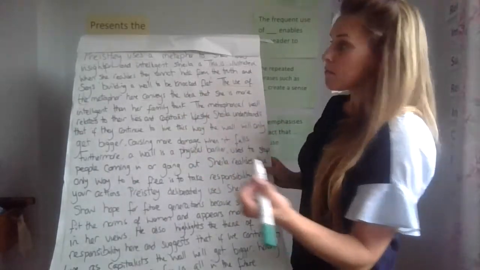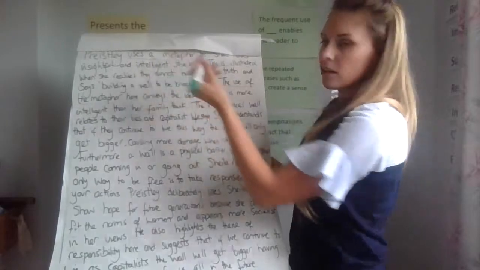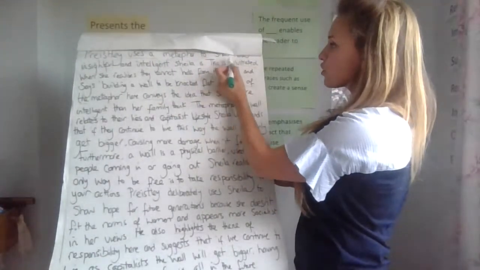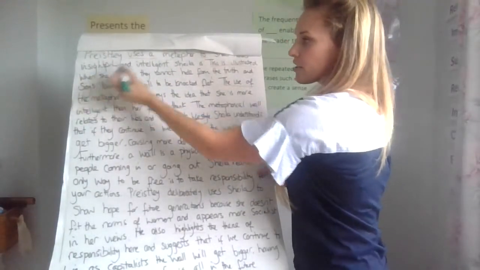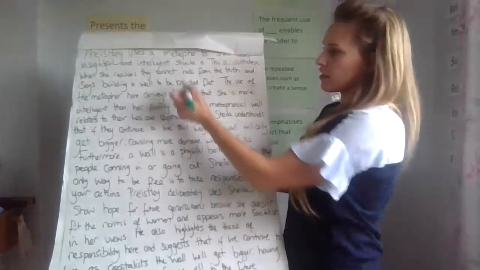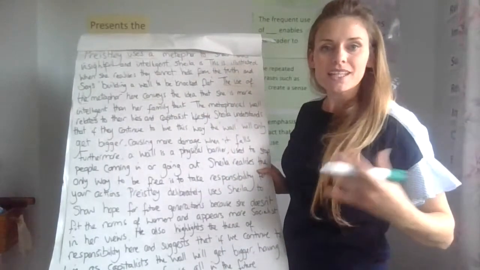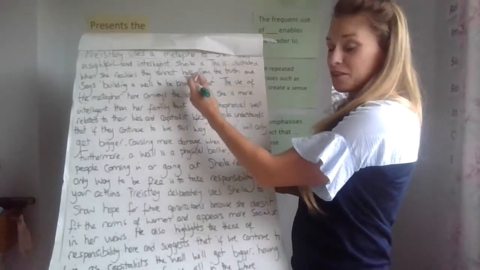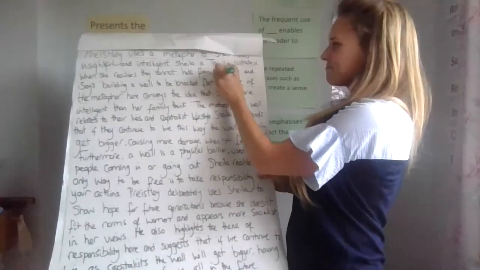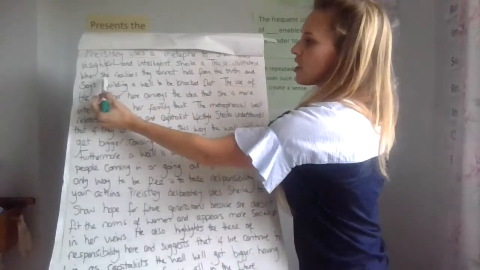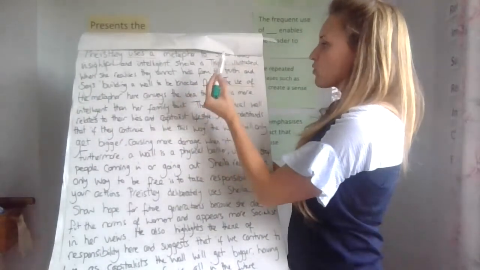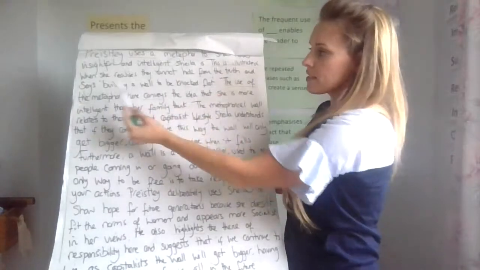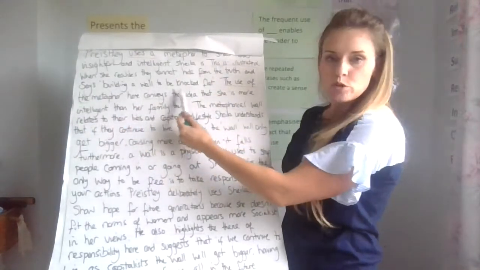Priestley uses a metaphor technique to show how insightful and intelligent Sheila is. Lovely point there, nice and clear, full stop, done. This is illustrated when, sound fancy, she realises they cannot hide from the truth and says, "building a wall to be knocked flat."